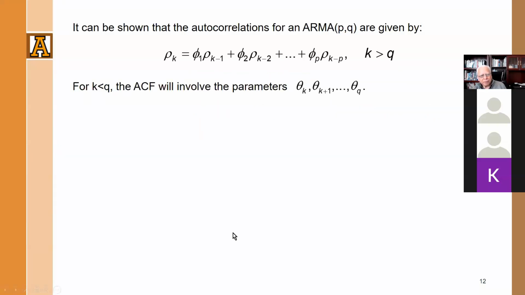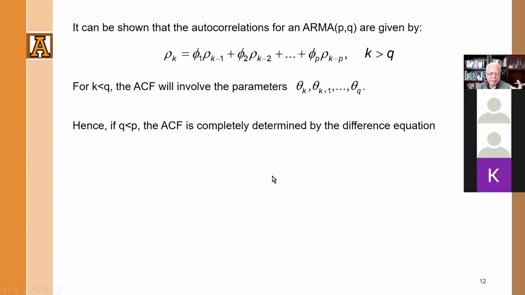Now, for all lags that are less than or equal to q, the order of the moving average model, the autocorrelations will involve the parameters theta k minus 1 plus 1 up to theta q.